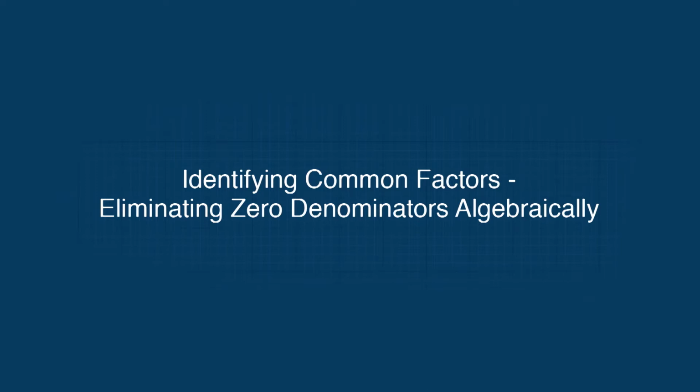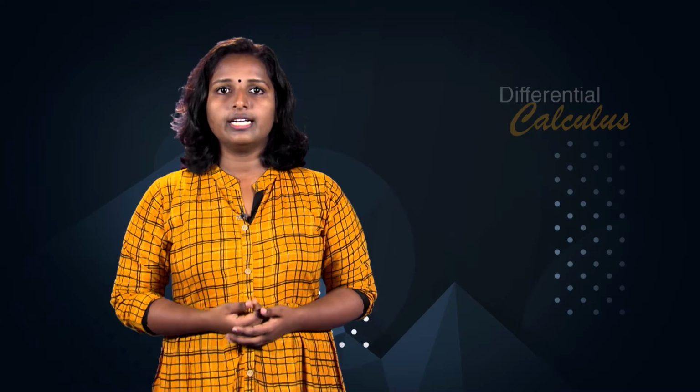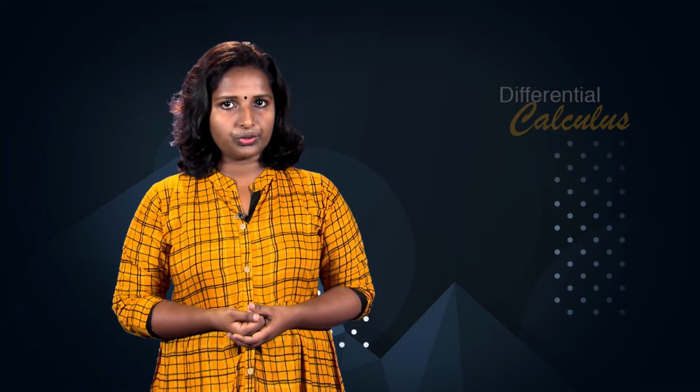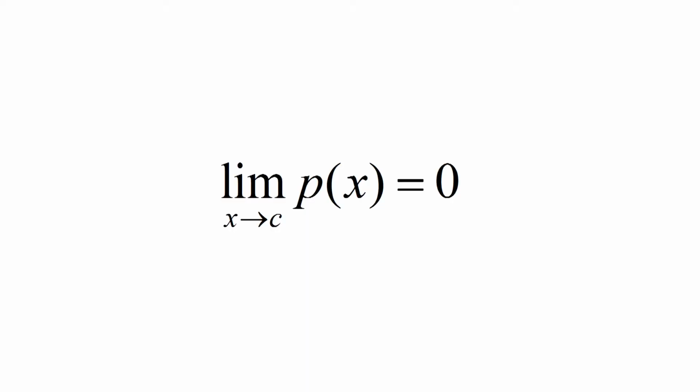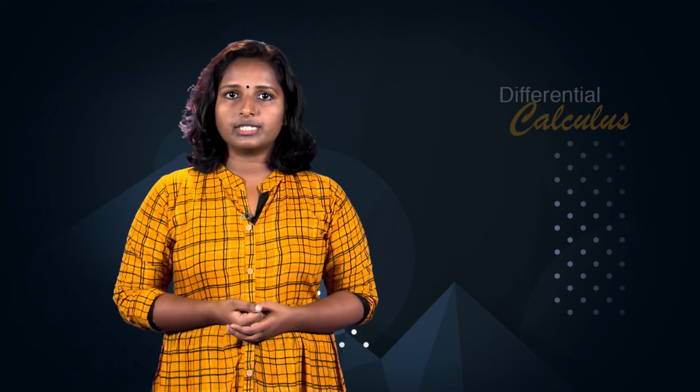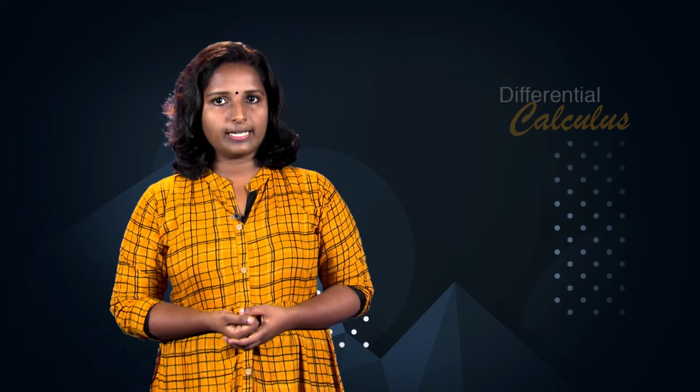Identifying common factors, eliminating 0 denominators algebraically. In case 2, consider a rational function p of x upon q of x where the limit of p of x as x approaches c is 0 and the limit of q of x as x approaches c is 0. Then by the theorem on limit of polynomials, p of c equals 0 and q of c equals 0.